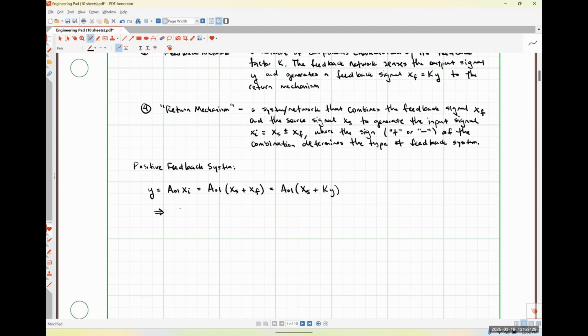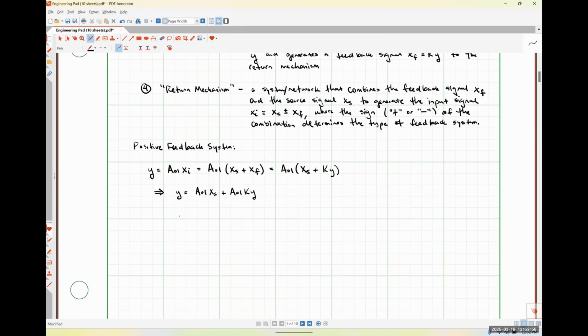I'm going to now expand this out a bit. So I've made several substitutions. What I'm going to have is Y is equal to AOL times XS plus AOL times K times Y. I can move that AOL times K times Y to the left-hand side, which gives me Y minus AOL times K times Y is equal to AOL times XS.